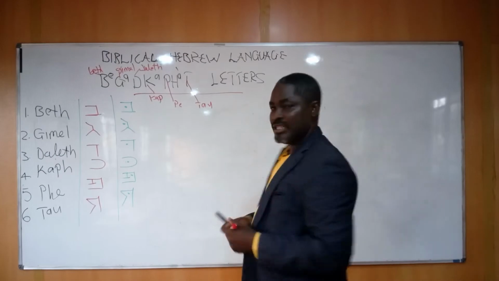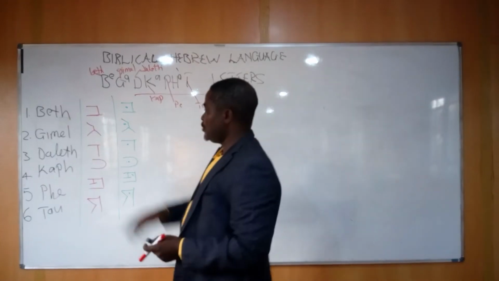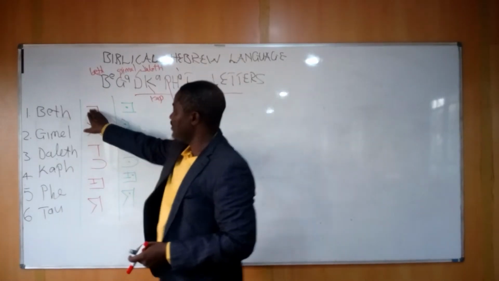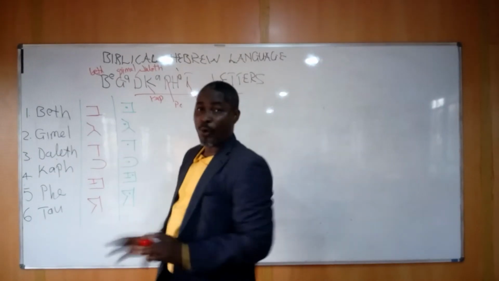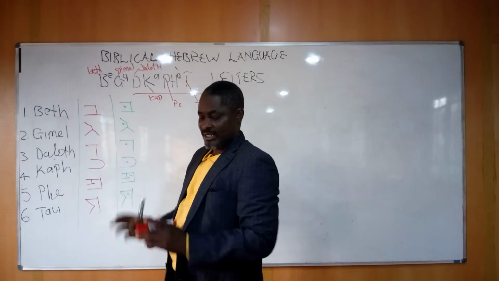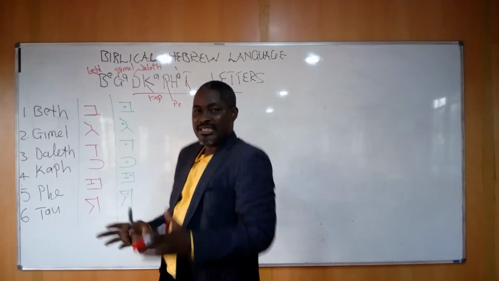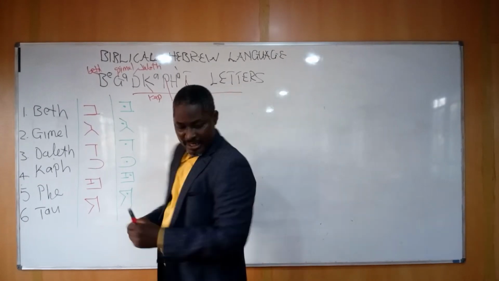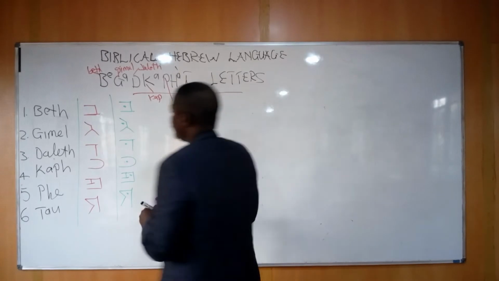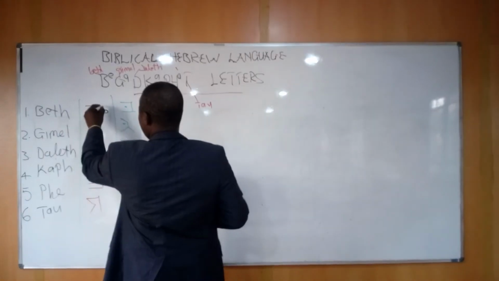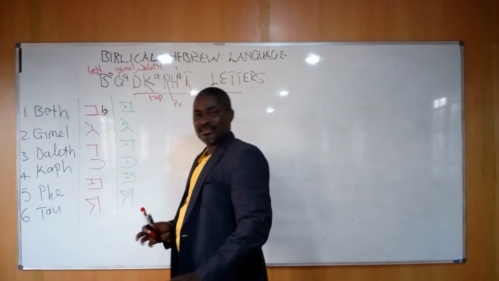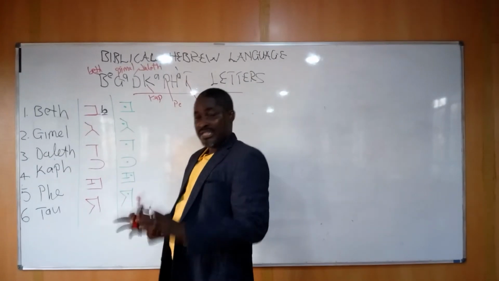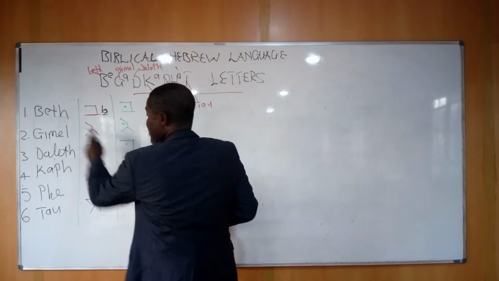Now, in Hebrew words, when you have a letter written like this as B, as bet, without a dot, it's called V. The sound is deep. If you transliterate this, you write it as B, then you put a line under to show that the sound is deep. Then the next one is Gimel.